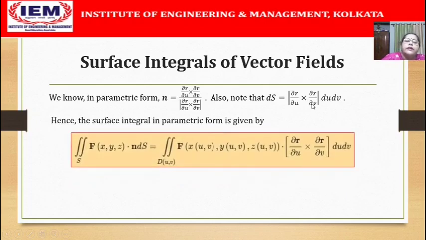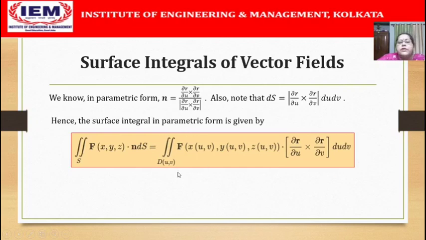So then in parametric form, the surface integral of f of xyz dot n dS over the surface S is given by f of x(u,v), y(u,v), z(u,v), and in place of n dS we now put this value of n and dS, so it gives us dot del r del u cross del r del v du dv, as this expression in the denominator cancels with this in dS.